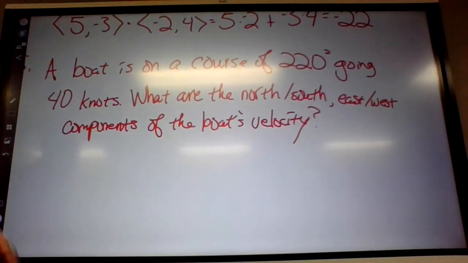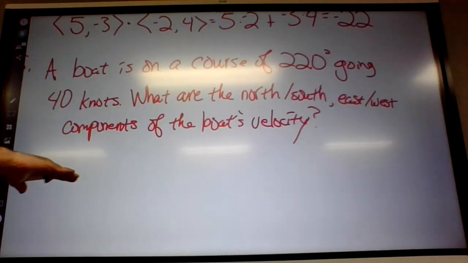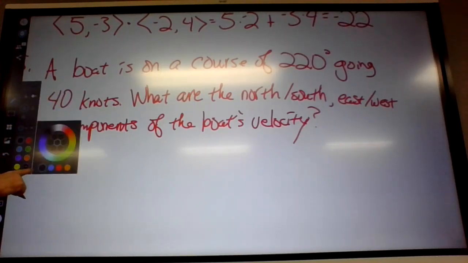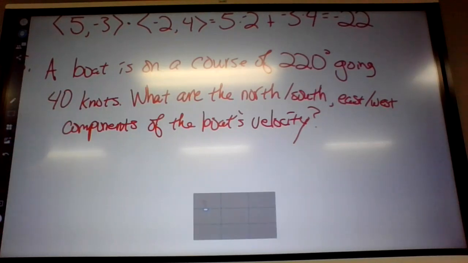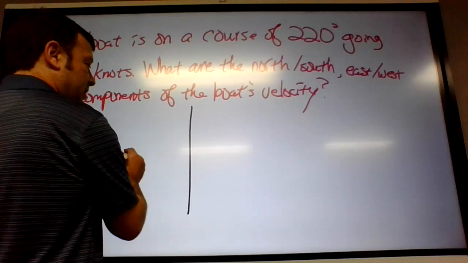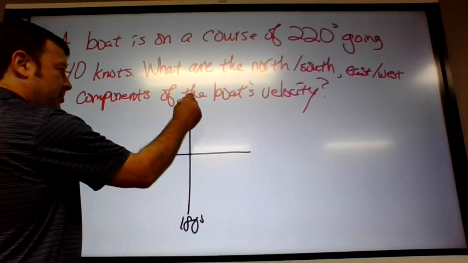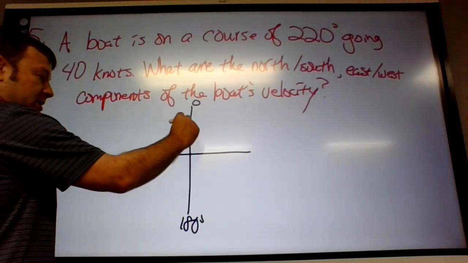So on this one, a boat is on a course of 220 degrees going 40 knots. What are the north, south, east, west components? North, south is basically the y component, right? East, west is like the x component. What would this picture look like? Where's 220 at? 180 is south, because 0 is north.